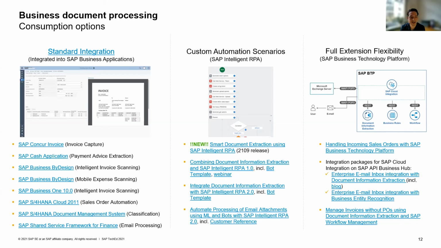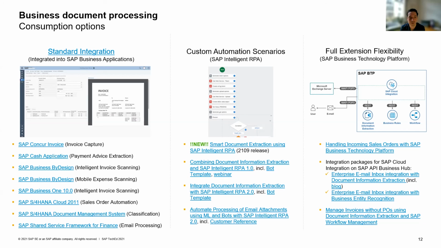So I listed here a couple of business applications that already integrated document information extraction as an inherent part of their application. So basically, you use the application without even knowing that you are using the document information extraction in the backend. But we provide support for those business applications.